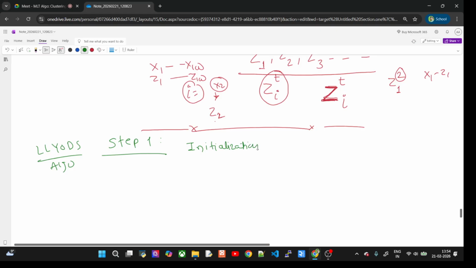That is up to you, how you initialize. So in the first step, I am initializing the cluster indicators, z1, z2, z3, and so on. However many points I have, that many indicators I initialize in the first step.